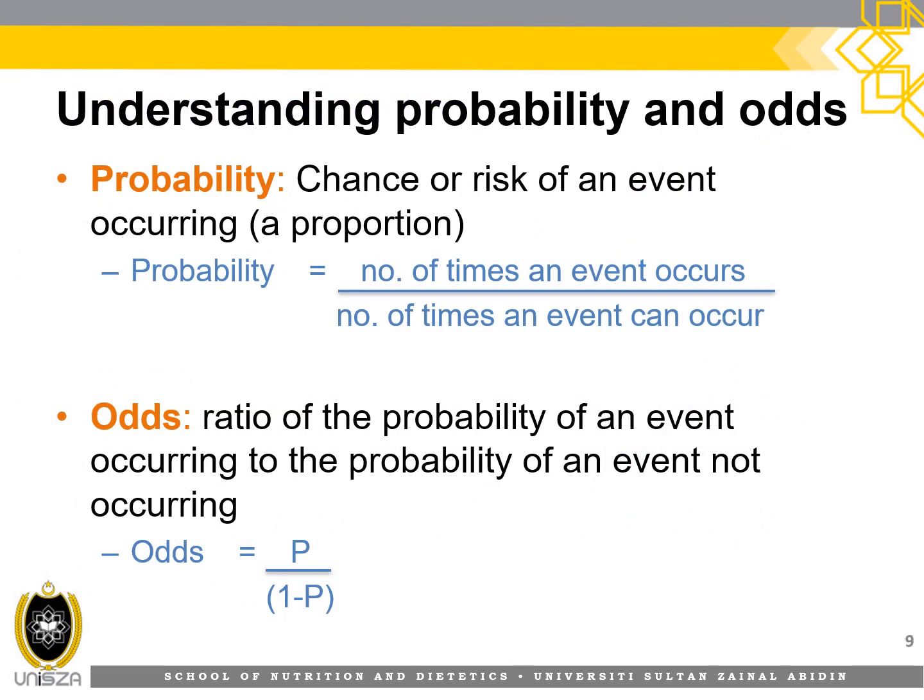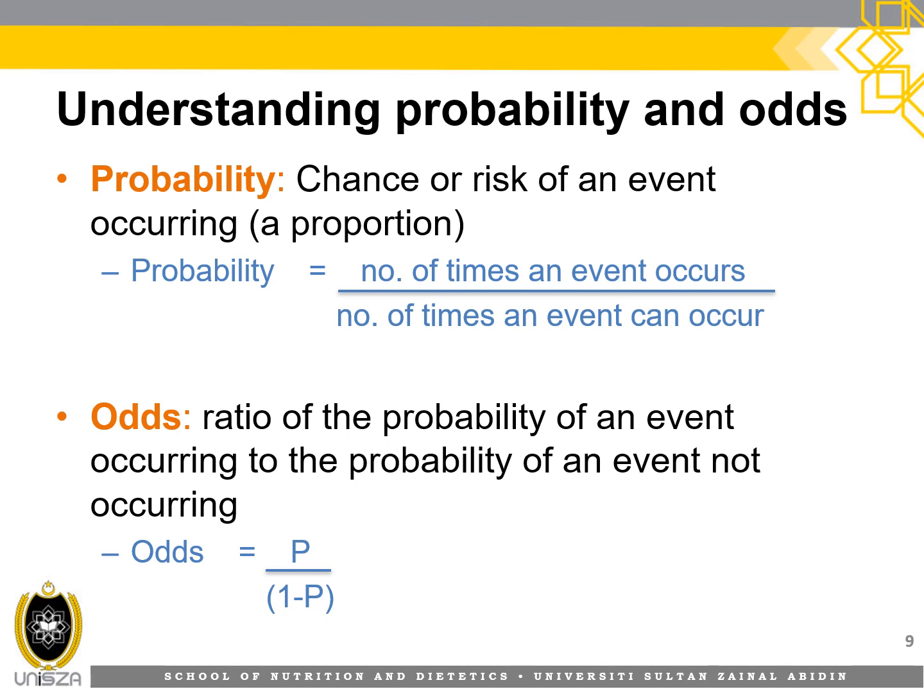Before we move further, let's understand what is probability and what is odds. Probability is the chance or risk of an event occurring, or a proportion. Probability is equal to the number of times an event occurs divided by the number of times an event can occur.